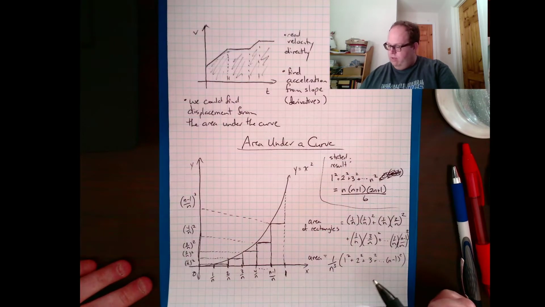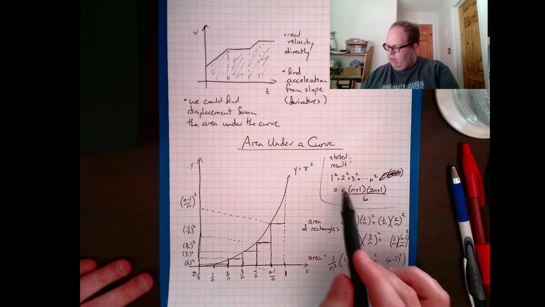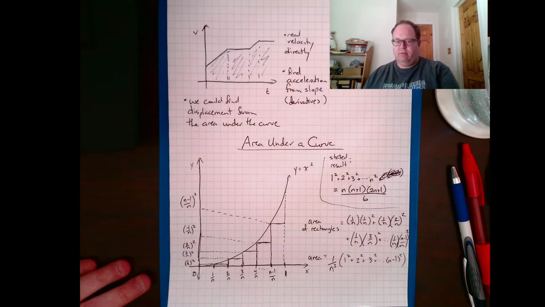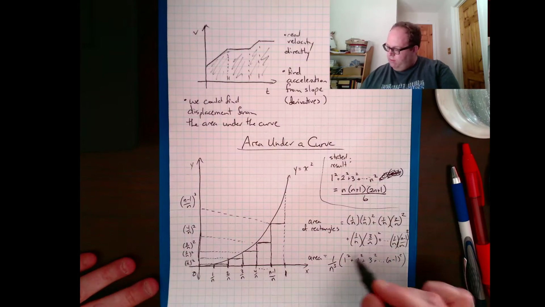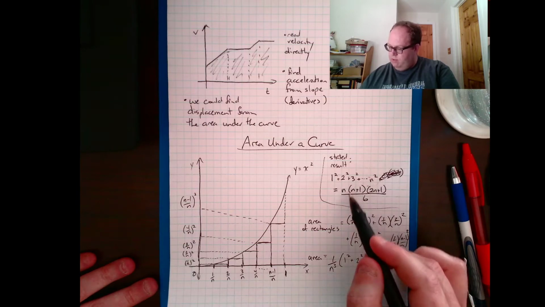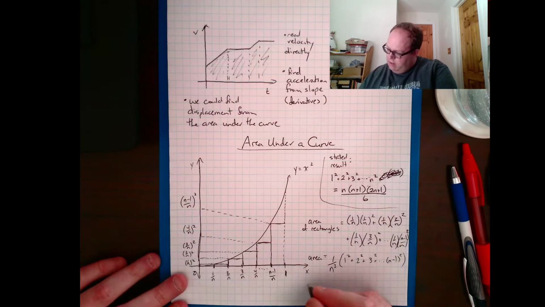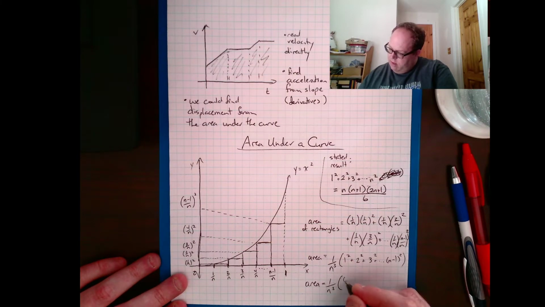Now you might notice that this looks a whole lot like this sum of squares that I've got up here. The only difference being that instead of going up to n, I go up to n minus 1. So I can replace this with this expression, just replacing my n's with n minus 1's, and I can say that this area works out to be 1 over n cubed times n minus 1 times n times 2n minus 1 over 6.